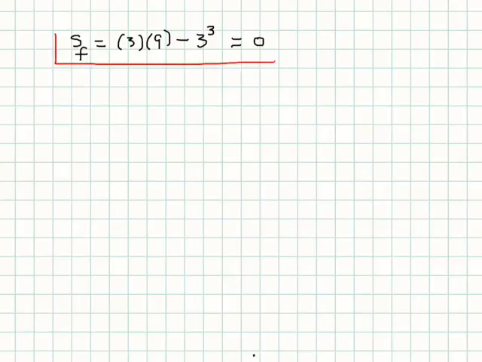Therefore, s at that final time, remember what we want, s final when t is equal to 3 seconds, turns out to be 3 times 9 minus t cubed, which is again 3 cubed, or 27 minus 27. So we have 0. So my next answer here is s final is equal to 0.